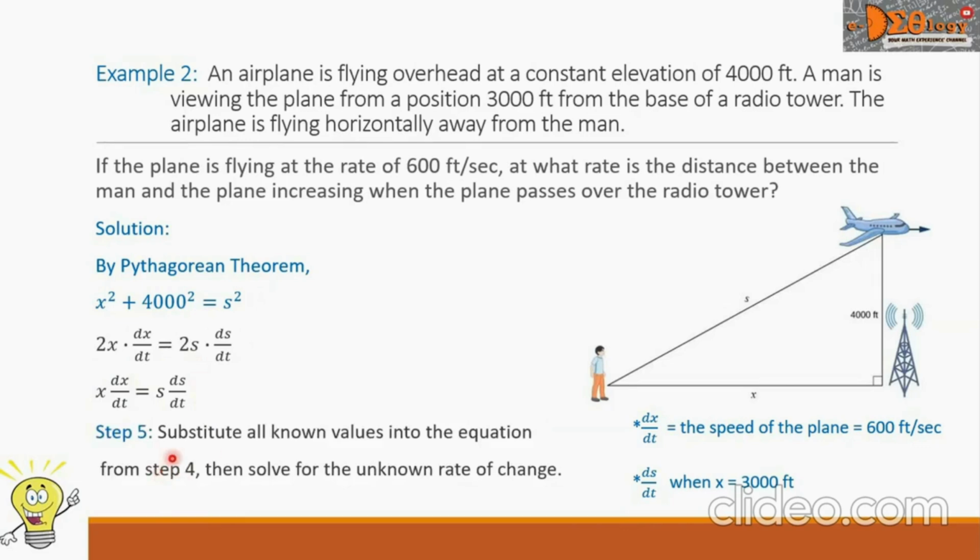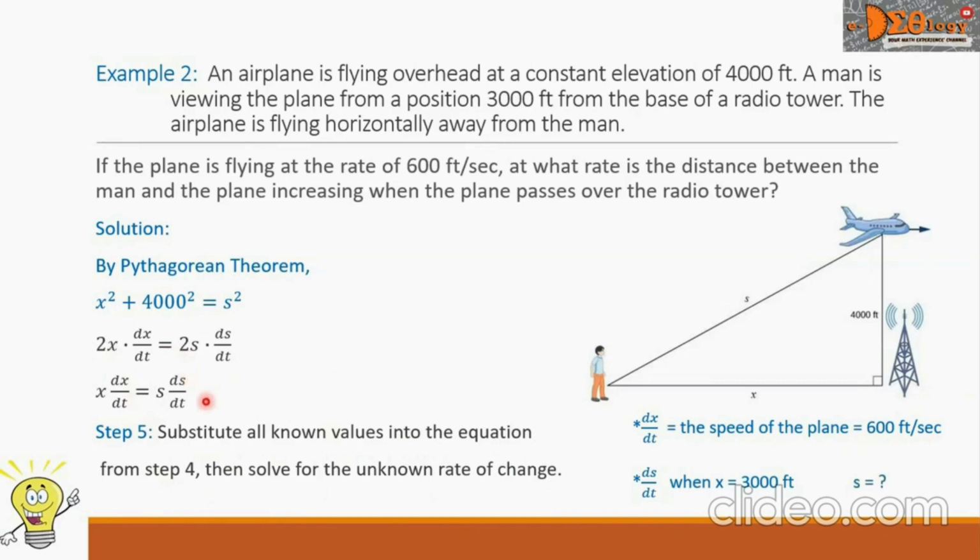Step 5. Substitute all known values into the equation from step 4. Then solve for the unknown rate of change. Observe our equation here. The value of x is 3,000. dx over dt is this 600 feet per second, equals the value of s, which is unknown.